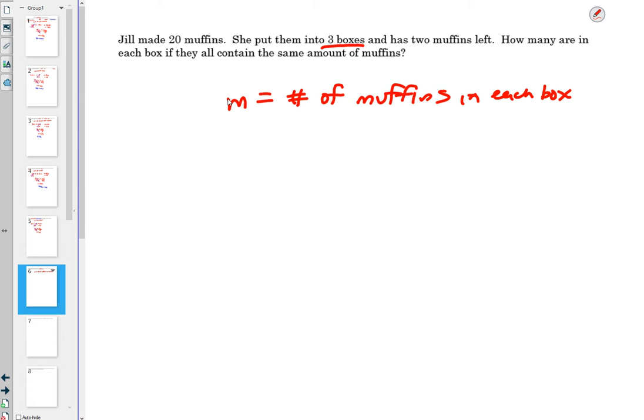That's what the question is asking. How many are in each box? There's that each word. What did each mean earlier today? Yeah, multiplication. So 3 boxes times the number of muffins in each box, plus there was 2 muffins left over, and that gives us a total of 20 muffins.